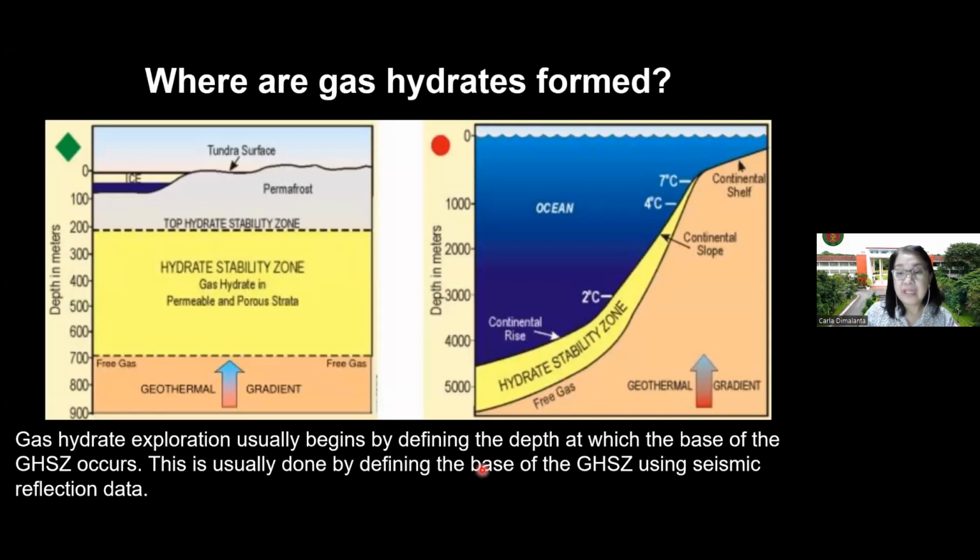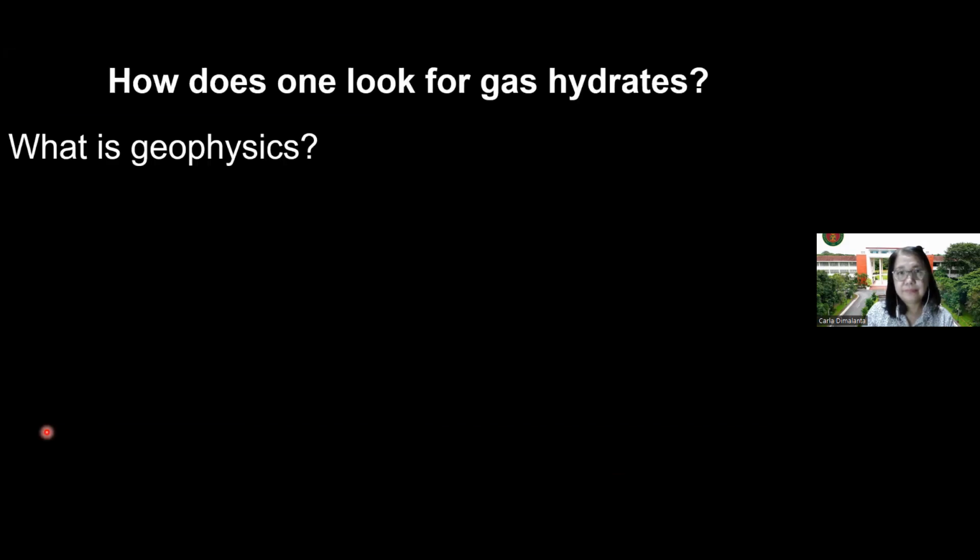So we define the base of the GHSZ using seismic reflection data. So this is one of the key geophysical methods. If you want to look for gas hydrates, or if you want to do gas hydrate exploration, you will have to do seismic reflection surveys.